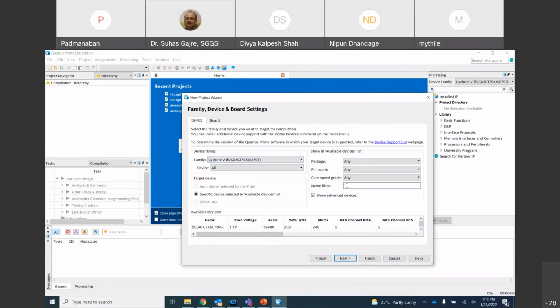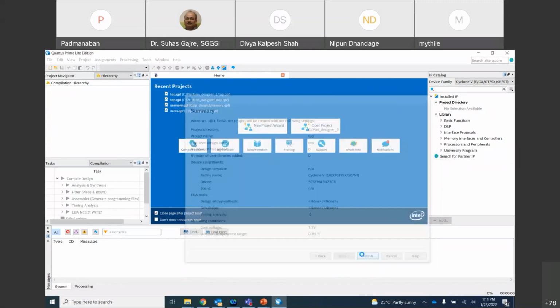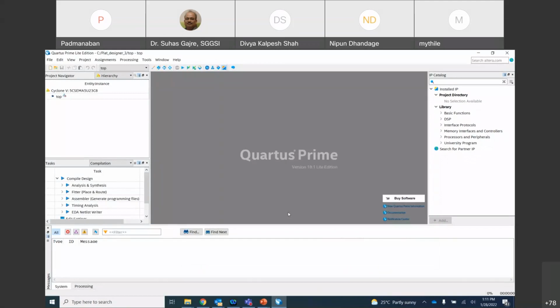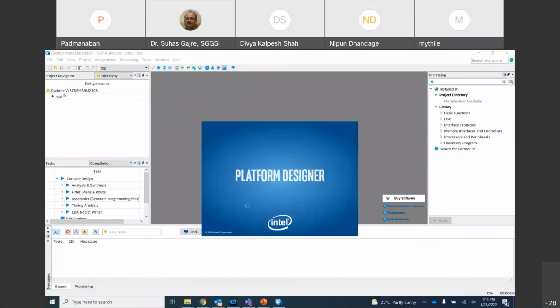So here you can say Cyclone 5 and select 5CSEMA5, something like that. What is the danger? It is whether it is an SoC or not. We are not very sure, right? So you can see the problem we will face when we are not sure whether that is an SoC FPGA or not. Okay. So let us go to the platform designer here.